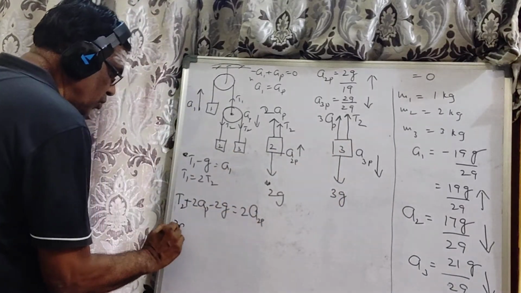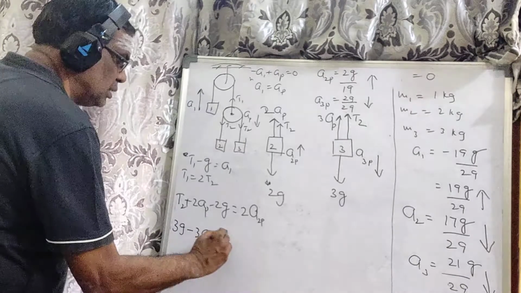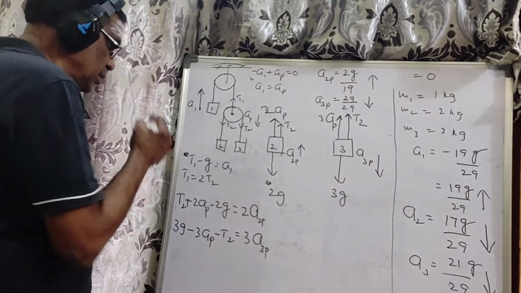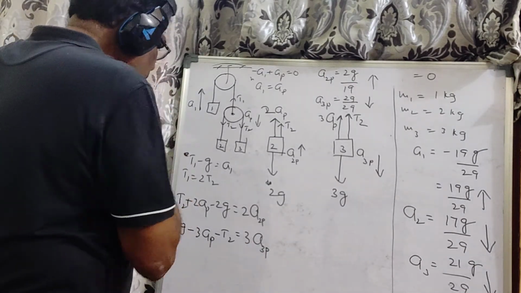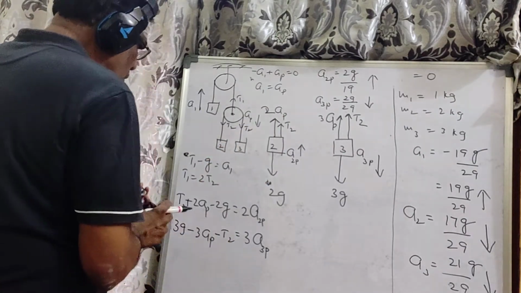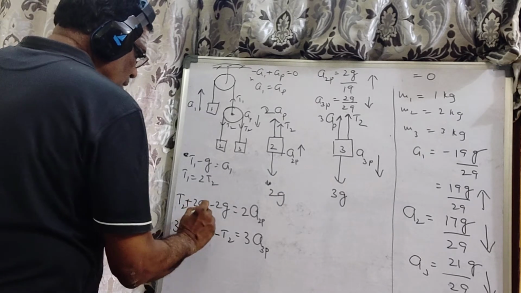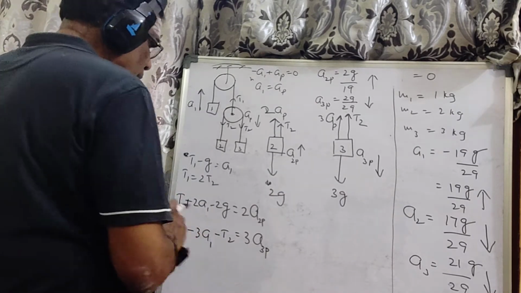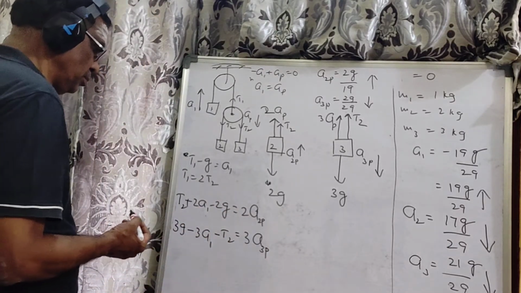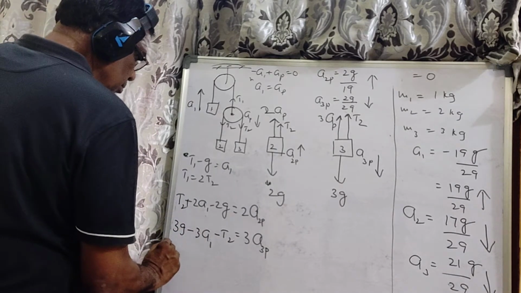Coming down, therefore, 3G minus 3AP minus T2 is equal to 3 A_3P. Okay? Yeah. And AP is nothing but A1. So I can replace this with A1. Okay, we will try to eliminate tension from this.